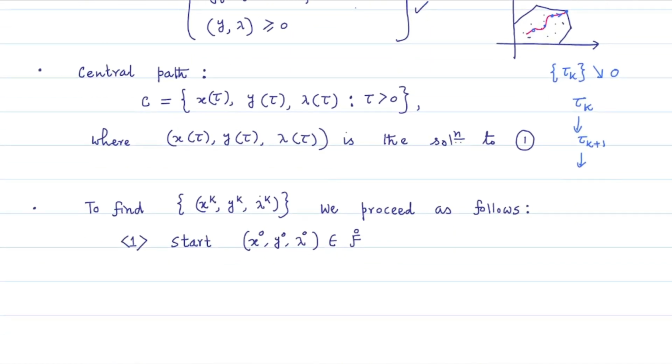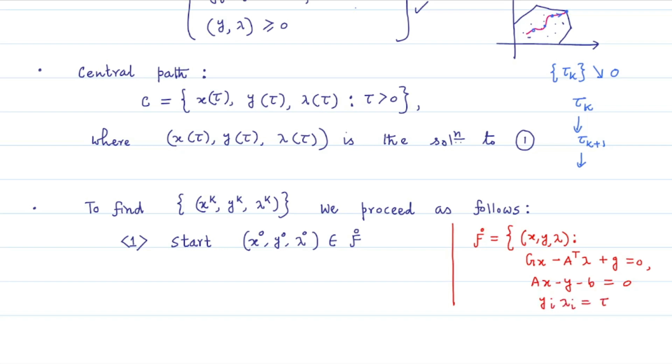So here your F naught is the set of all points x, y, lambda such that you have gx minus A transpose lambda plus g equal to 0, Ax minus y minus b equal to 0, together with y i lambda i equal to tau for all i, as well as y greater than 0 and lambda greater than 0 component wise. This is your set F naught.